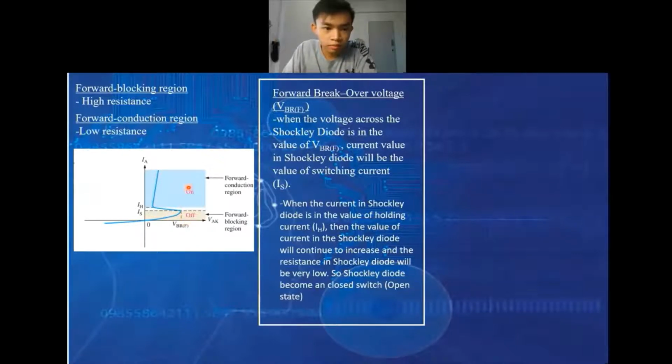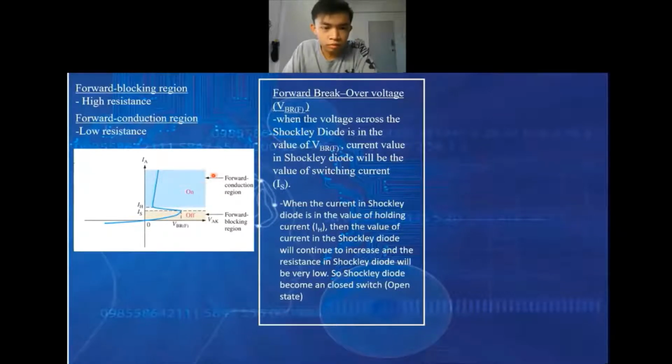This means that with the value of current increasing until the holding value, the value of the voltage will slightly decrease, and after the current exceeds the value of holding current, the value of the current in the diode will continuously increase, and the diode is in a forward conduction region, which means that the diode is in low resistance, and the current can flow through the diode freely.